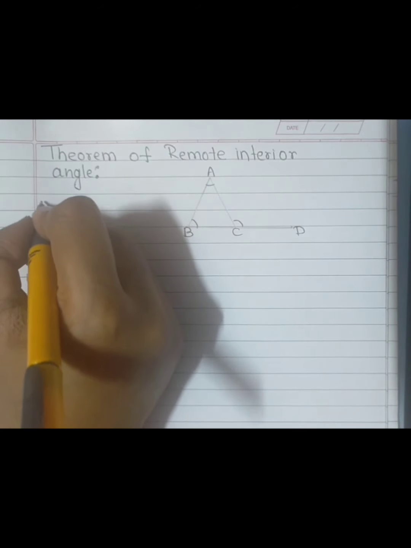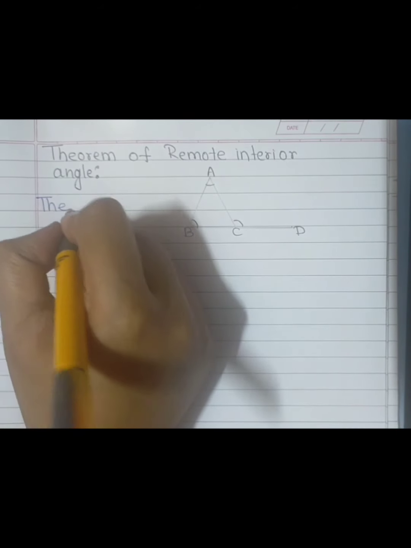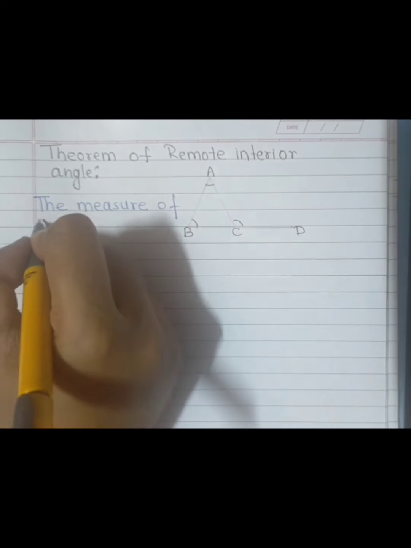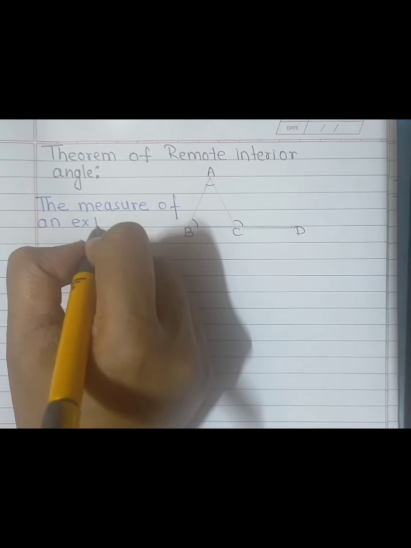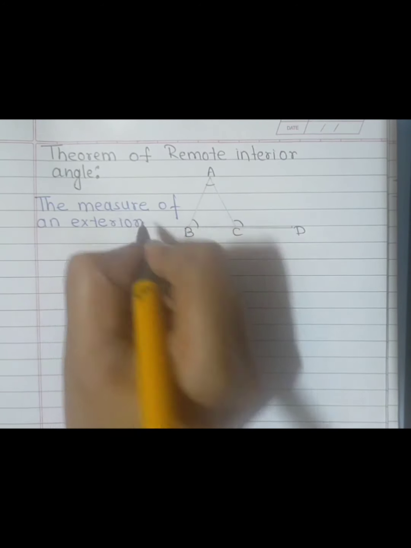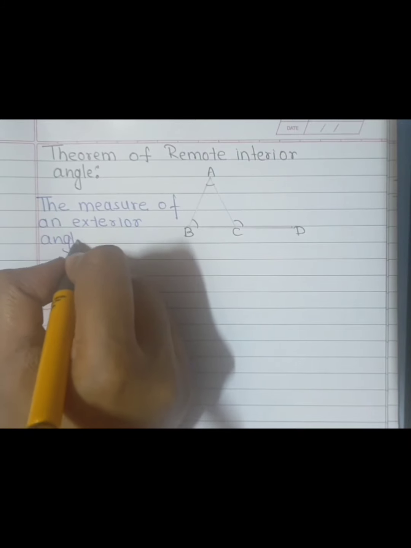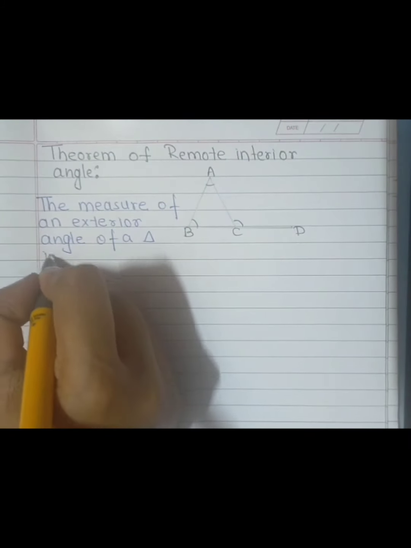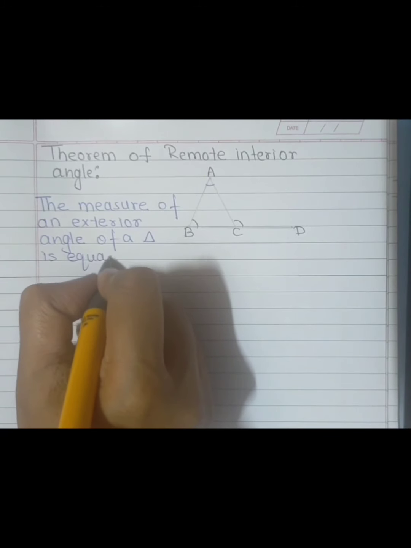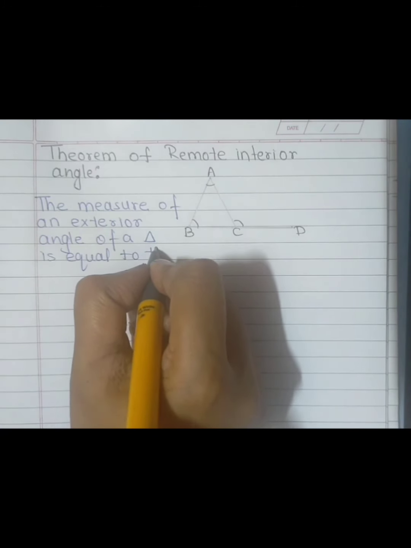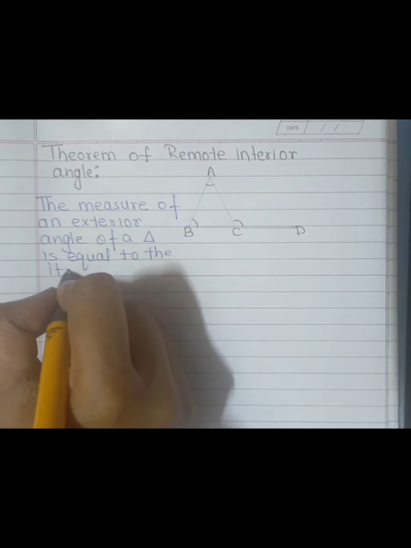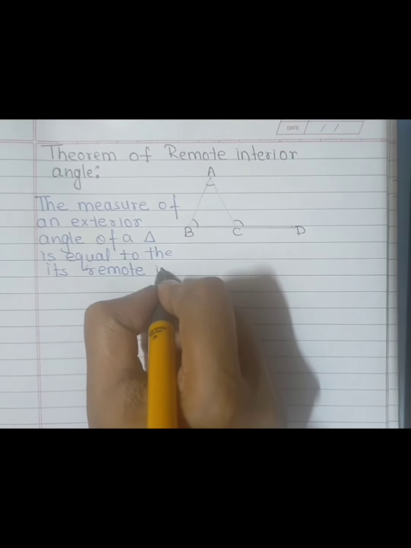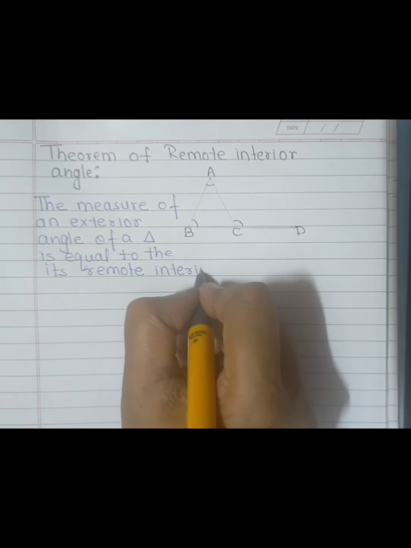So I am writing first the measure of an exterior angle of a triangle is equal to its remote interior angle.